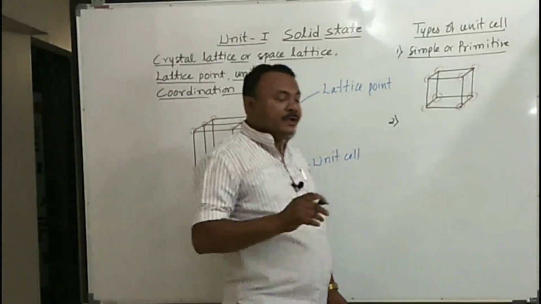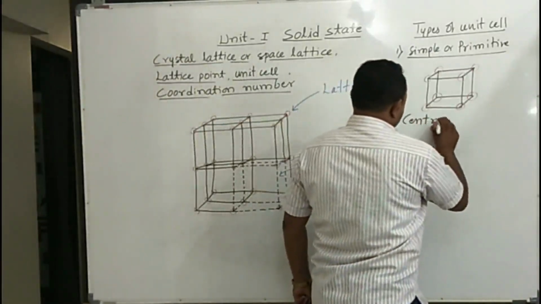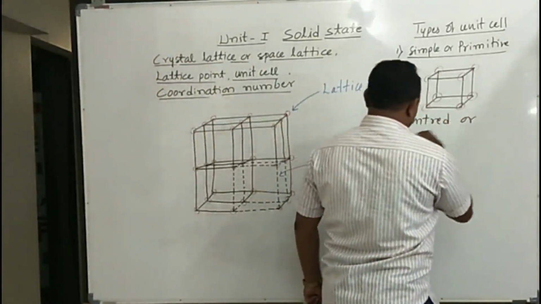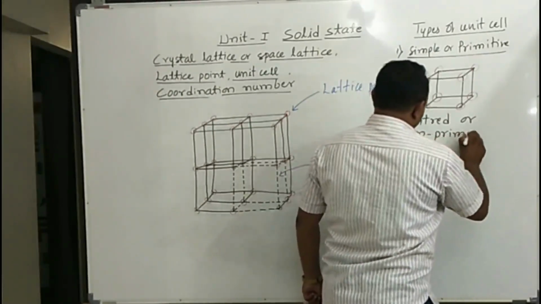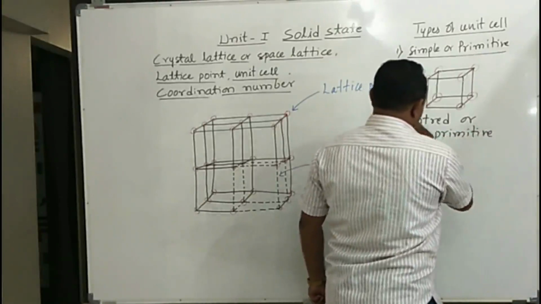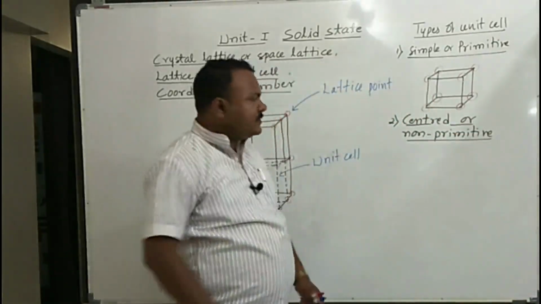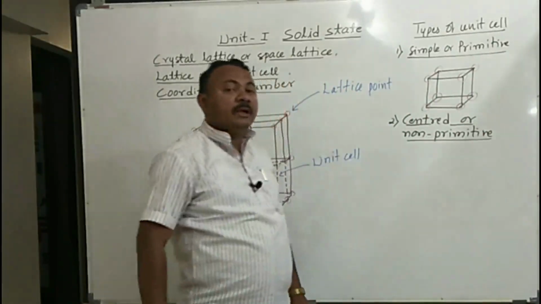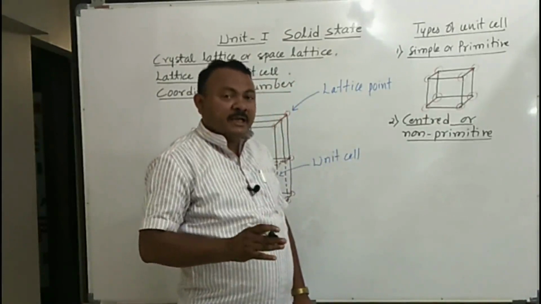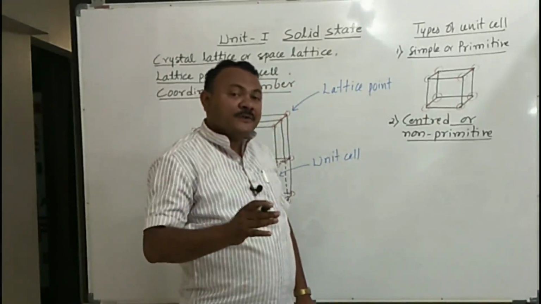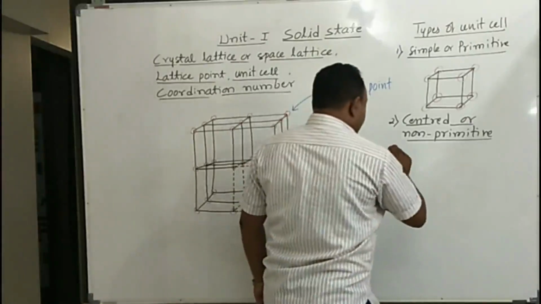Second type of unit cell, centered or non-primitive unit cell. Centered or non-primitive unit cells are nothing but the unit cells which contain particles at the corners and also at some other places. So this is the unit cell.